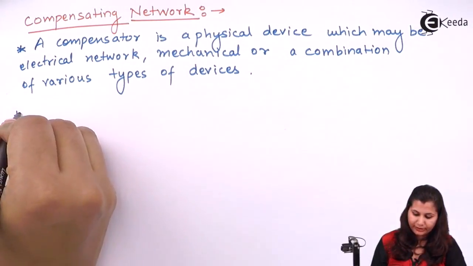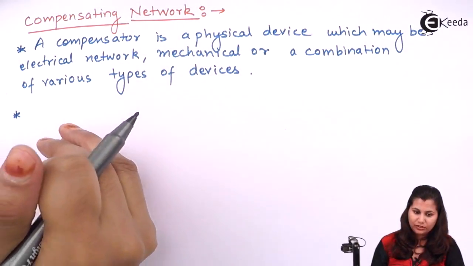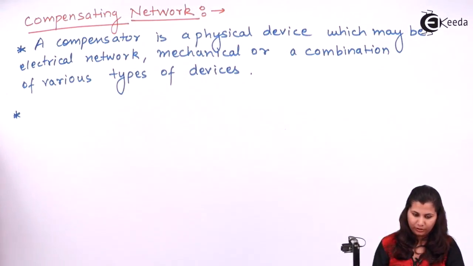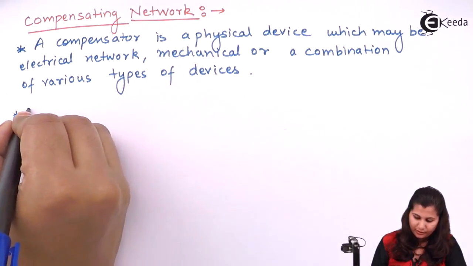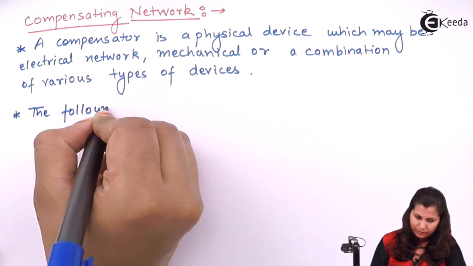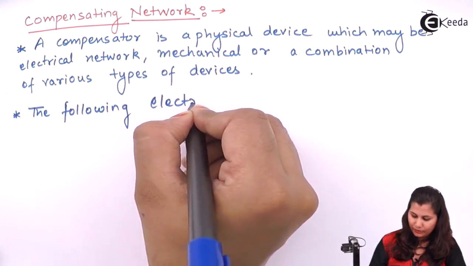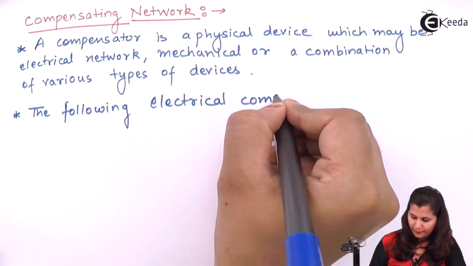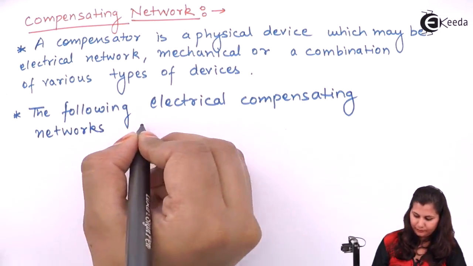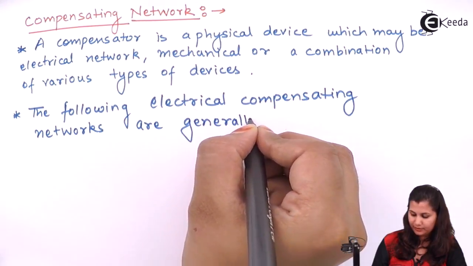Now, there are three types of compensating networks. The following electrical compensating networks are generally used in control systems.